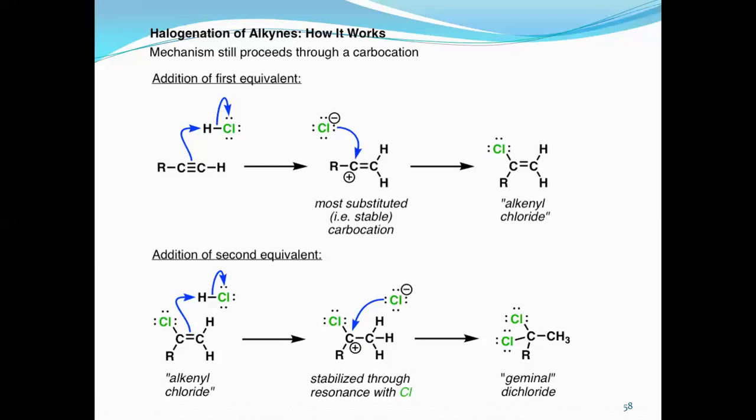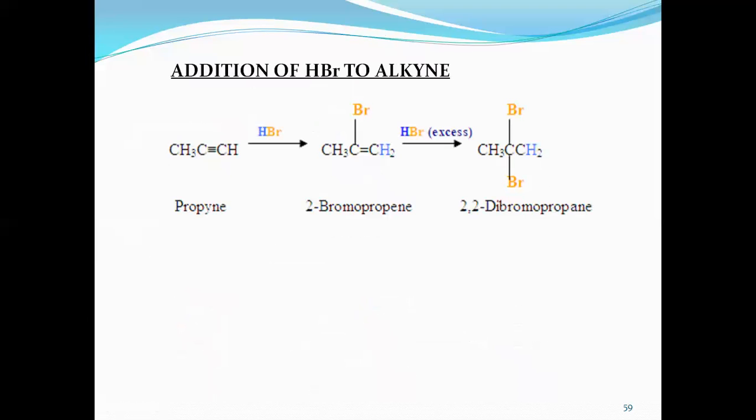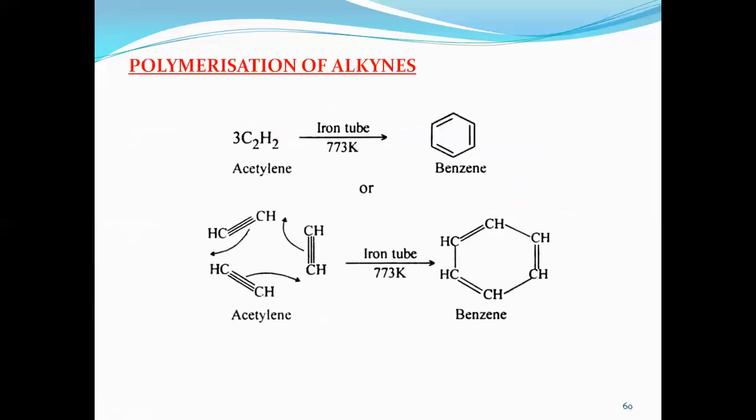After this formation of carbocation, chloride will react with this carbocation to form a C-Cl bond, and we will get a geminal dichloride. Now the same reaction can happen with other halo acids like HBr and also HI, and in some cases HF can react with the alkynes.